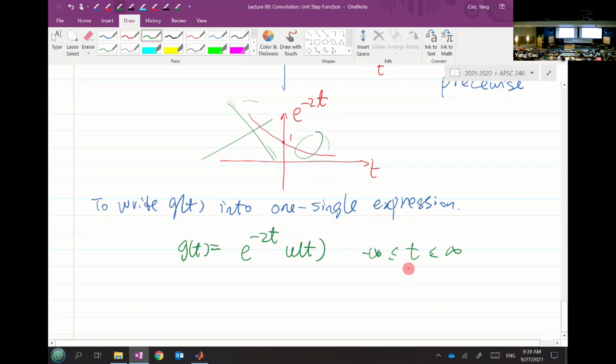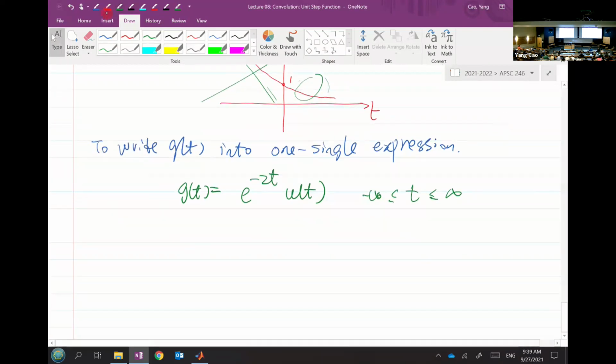And what's even better is the t range: you don't have to worry about it anymore. You can just keep it as negative infinity to positive infinity, because u of t will naturally take care of the cutting and the keeping. So that's the benefit of u of t. Let's take a look at another benefit of u of t.